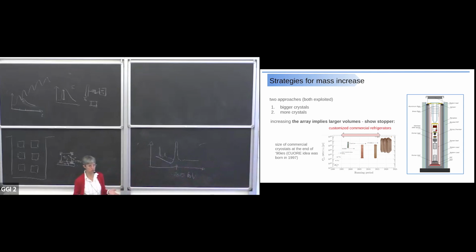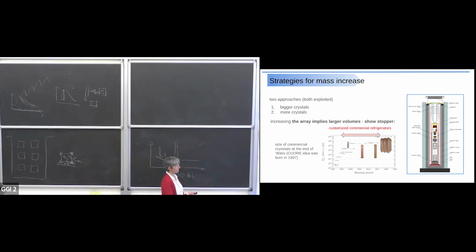But there are limitations in growing big size crystals. And so then we started increasing the number of crystals, building arrays of detectors. With Cuoricino, that is this array, and CUORE-0, that is an array of the same size, we have used the same cryostat, a customized commercial refrigerator produced by Oxford Instruments.